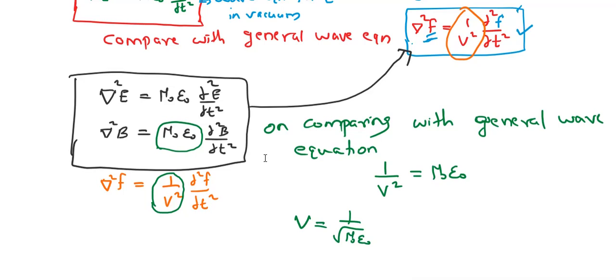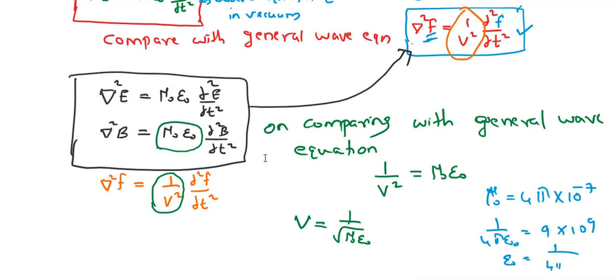Now you know the value of mu 0 and epsilon 0. That is, mu 0 is equal to 4 pi into 10 power minus 7, and 1 by 4 pi epsilon 0 is 9 into 10 power 9, the value we can remember. From this, epsilon 0 is 1 by 4 pi into 9 into 10 power 9.